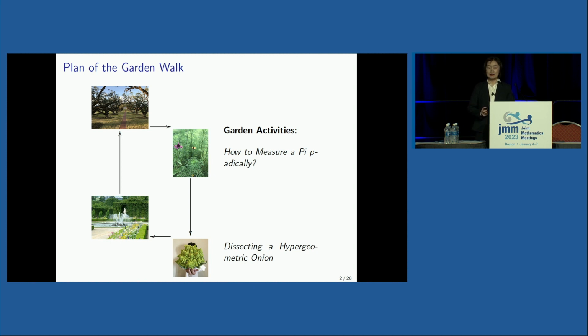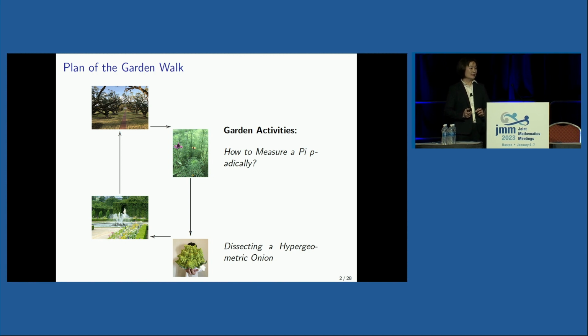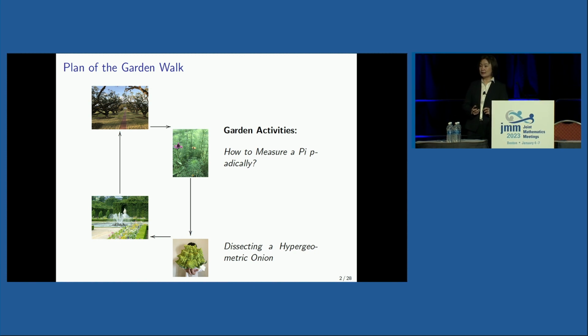Then we will head south to the walk garden, and there is another activity for you. We will be dissecting a hypergeometric onion. And then we will head west to the Hecke garden before we return to the oak garden for the grand finale. So let's start the walk.